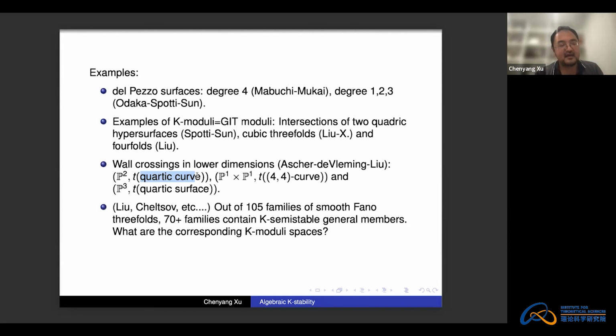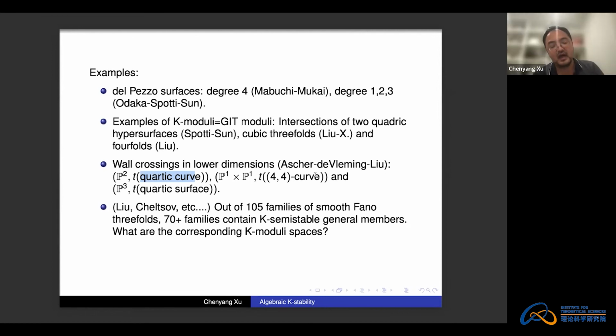There are some examples people have already worked out, like the cubic threefold, also the intersection of two quadric hypersurfaces in P5, and also some examples where the moduli space is one-dimensional, and I think Chertsov and his group found some other ones. So this is an active subject, and many people are working on it.